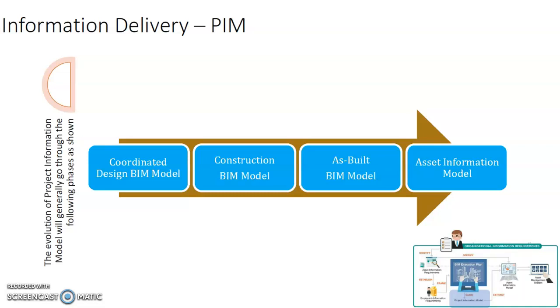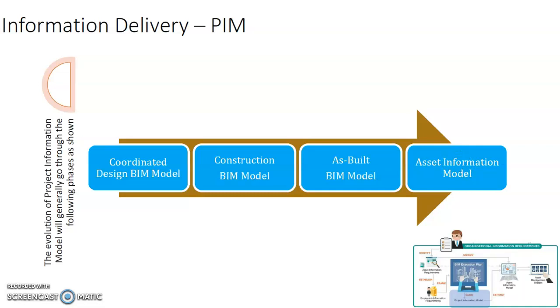The LOD increases further. Then it becomes the construction BIM model, for example. And finally, when the project is completed, it becomes the 6D BIM model, or sometimes we call it the as-built BIM model. And if you include this asset management system, then it becomes the asset information model.